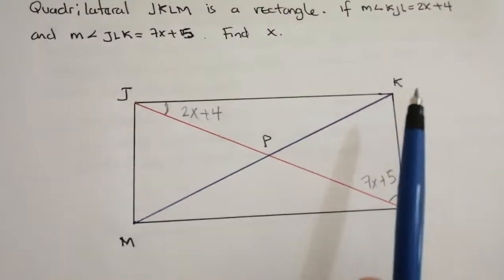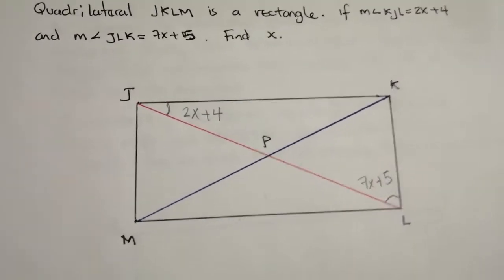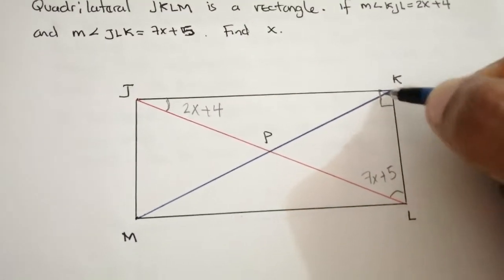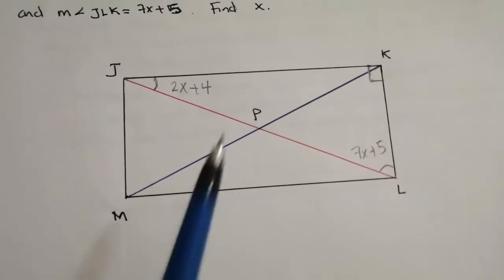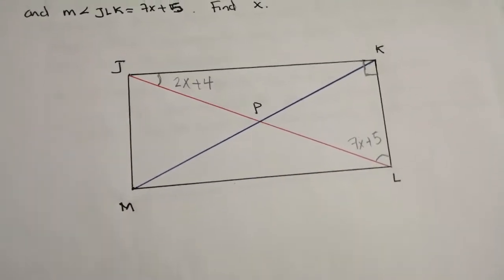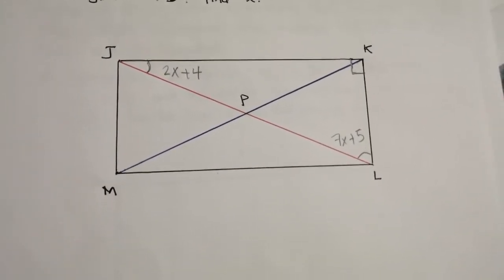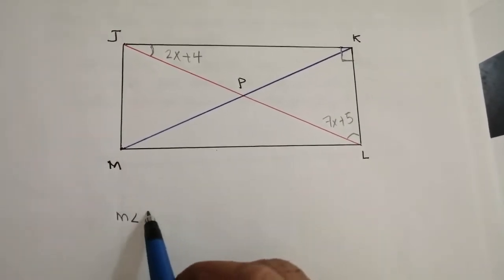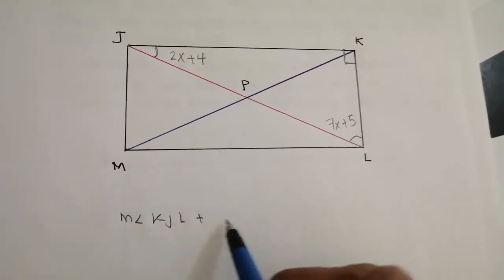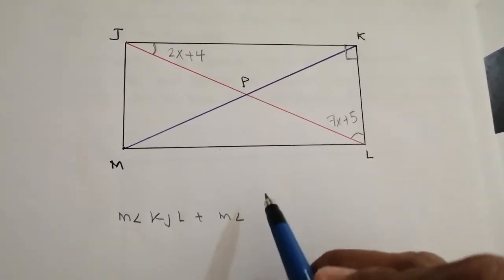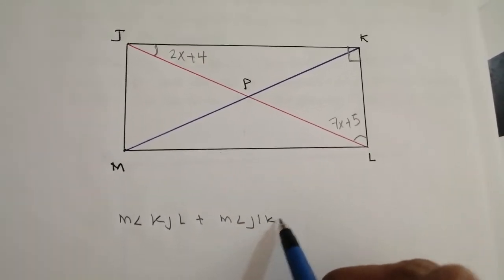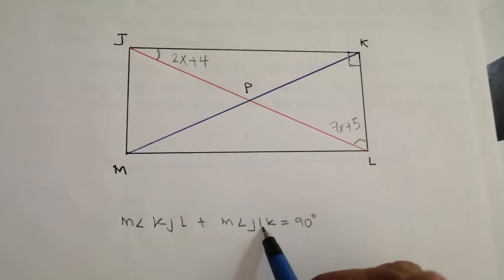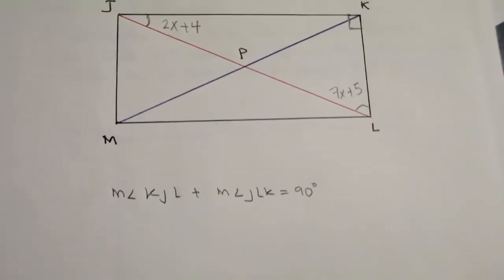So in the triangle JKL, we know that angle K is a 90 degree angle. So these two are complementary angles. The measure of angle KJL plus the measure of angle JLK equals 90 degrees.